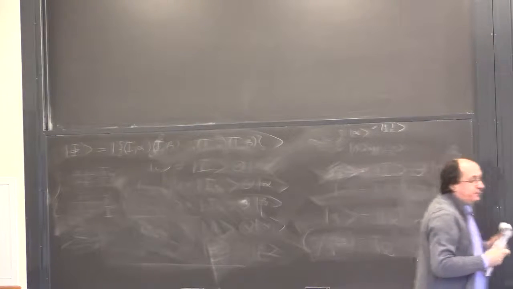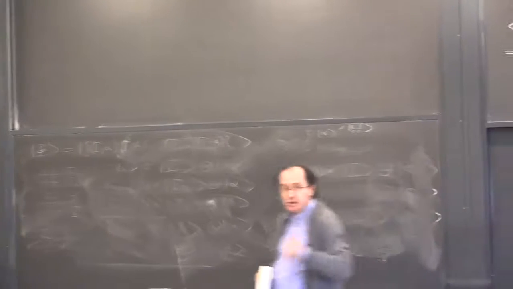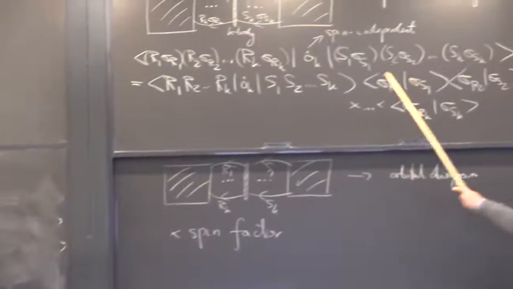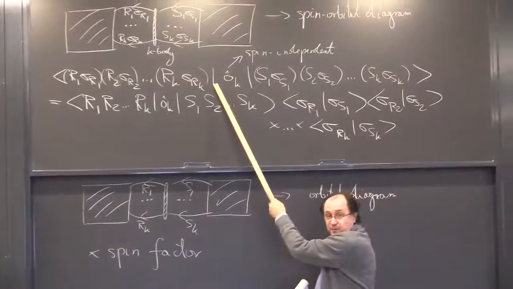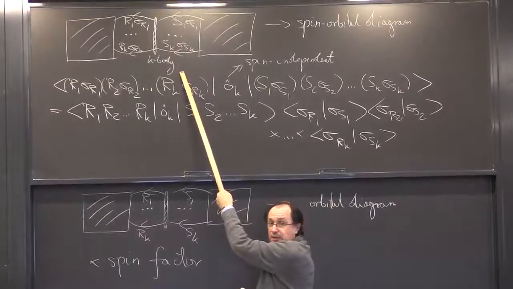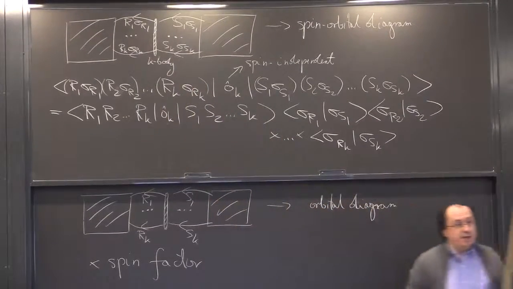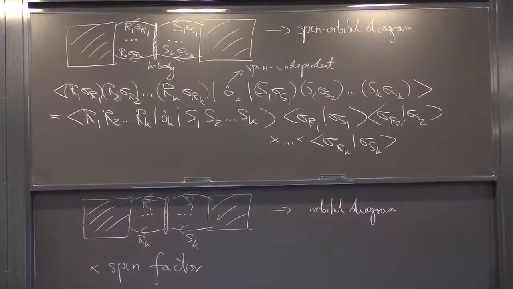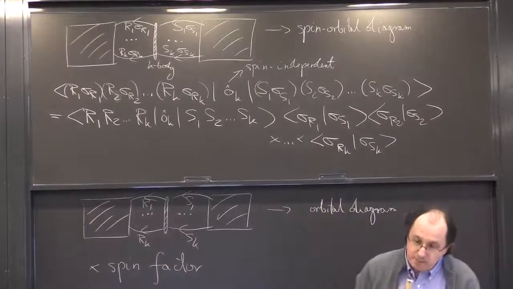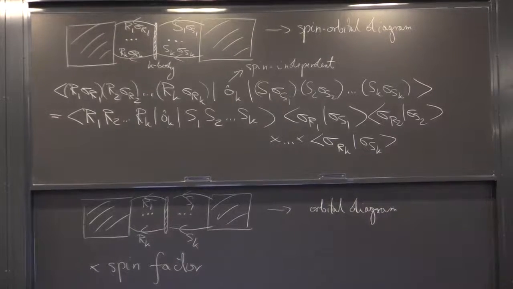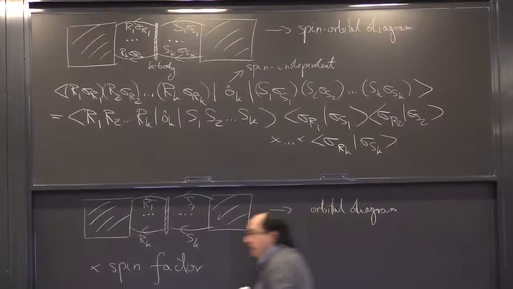I would not be able to do this factorization if I use antisymmetrized diagrams, because those use anti-symmetrized matrix elements. So this step that I perform here was possible only because I'm using a non-symmetric matrix element. So I can separate the spins from the orbital parts. If I use an anti-symmetrized matrix element, then I wouldn't be able to do that. So we can only do this at the level of the Goldstone diagrams.